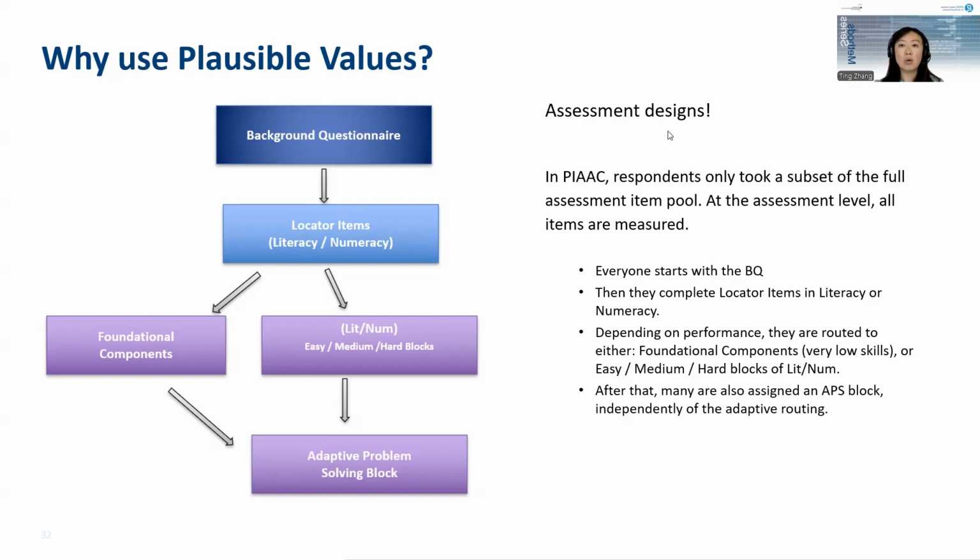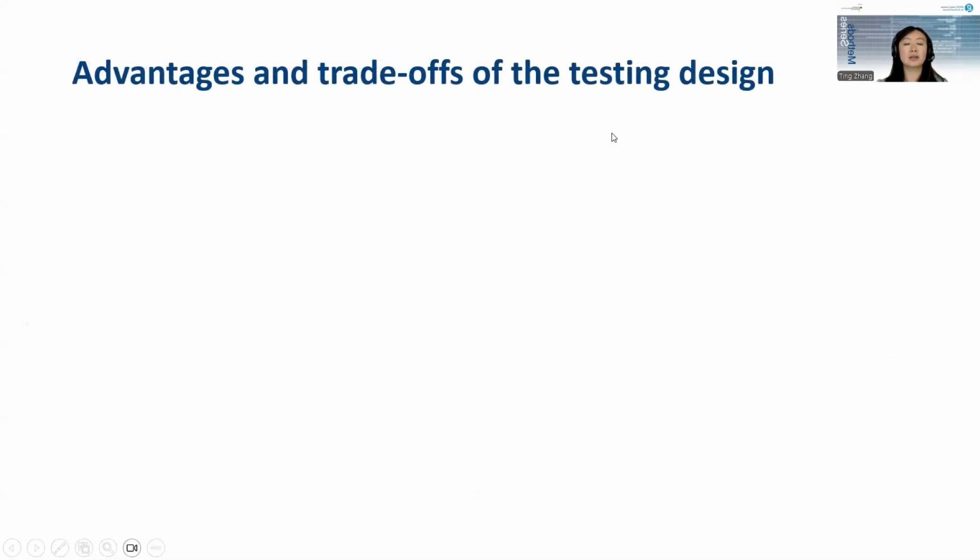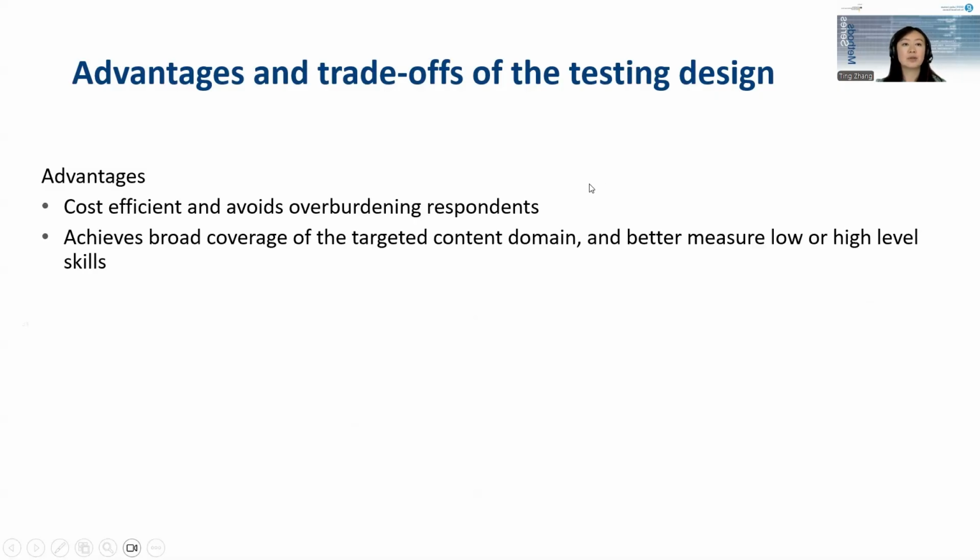All right, so why do we use this assessment design in which respondents only take a small set of the items? It definitely has certain advantages. It's cost efficient because the item pool usually has hundreds of items, so giving them just a small portion of the items avoids overburdening the respondents.